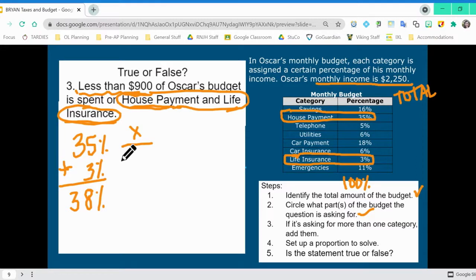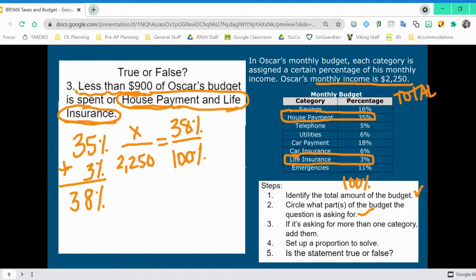So X over his total, which is $2,250, equals the percentage, which we just got as 38% over 100. 38% of 2,250 is what we are solving for.